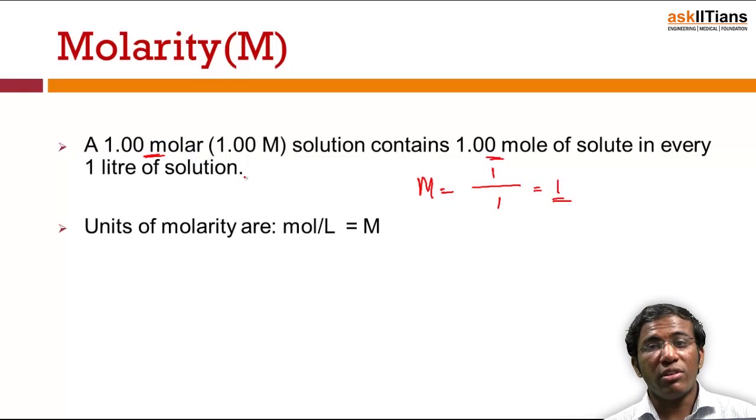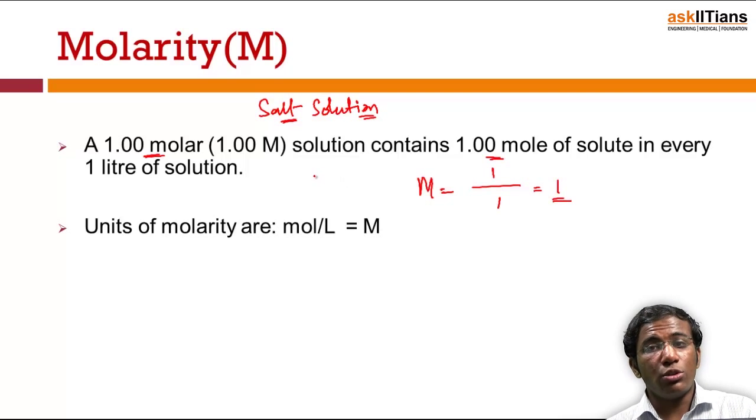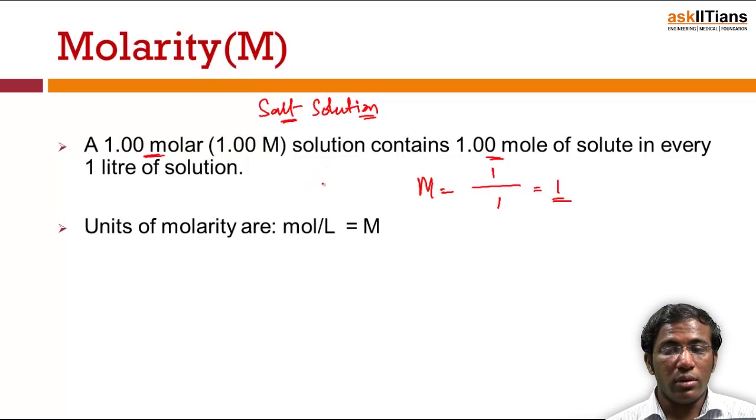Suppose I want to prepare a 1 molar salt solution. How much NaCl do I need to add? That is 1 mole you need to add to 1 liter of water, right? So 1 mole of NaCl weighs how much?